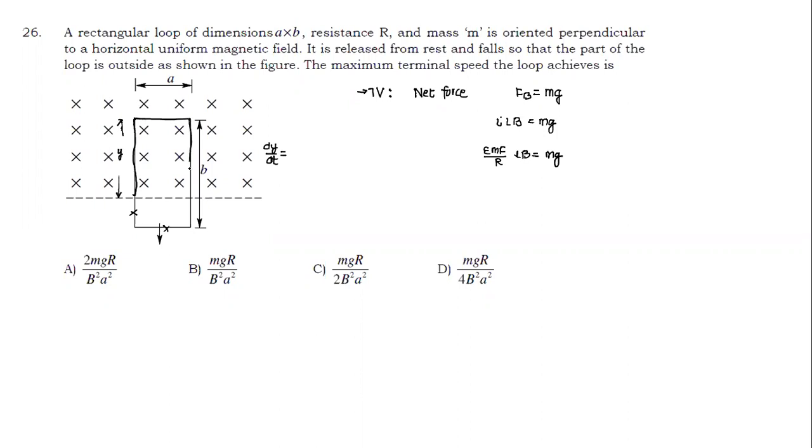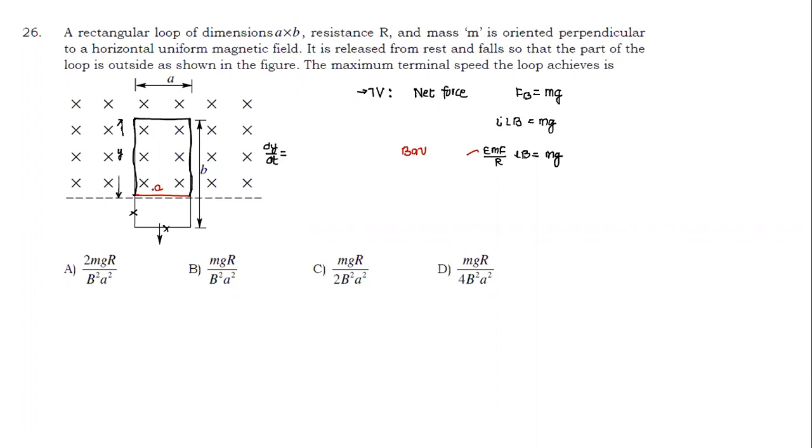So the second way would be to replace this conductor with an equivalent conductor connecting the initial point to the final point. This is equivalent to a conductor of length A, and EMF will be equal to B into length, A into B. So EMF I can write as BAB.